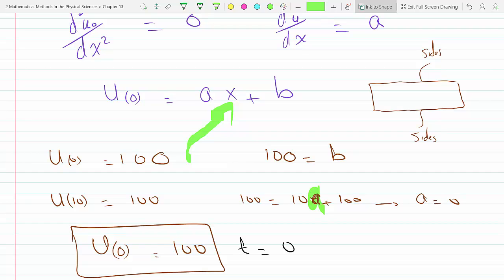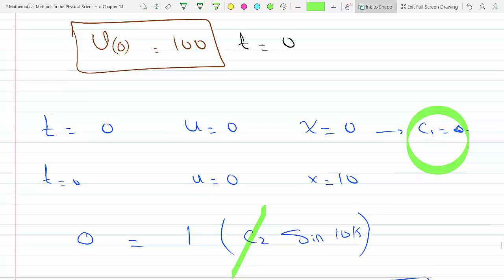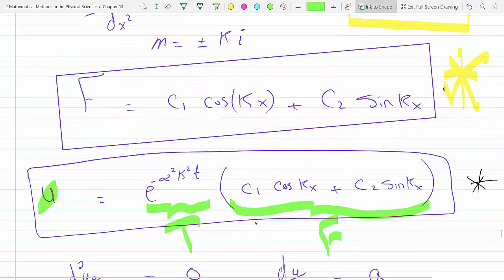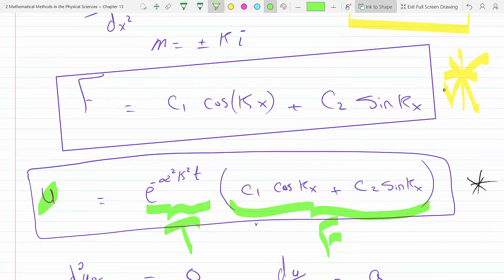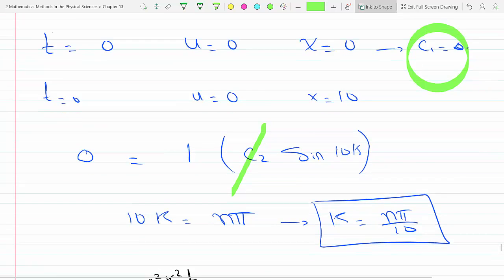So that's why I used this stuff here in brown to show you that it actually works, but then I went back here and used my initial conditions in blue. Okay, so now that we know k, just go back here and plug k for what it is. Here, here, and here. Everywhere there is k, I'm gonna plug in n pi over 10.